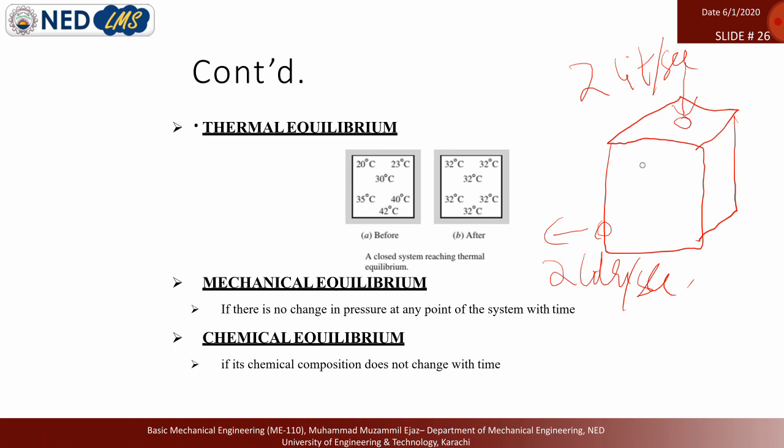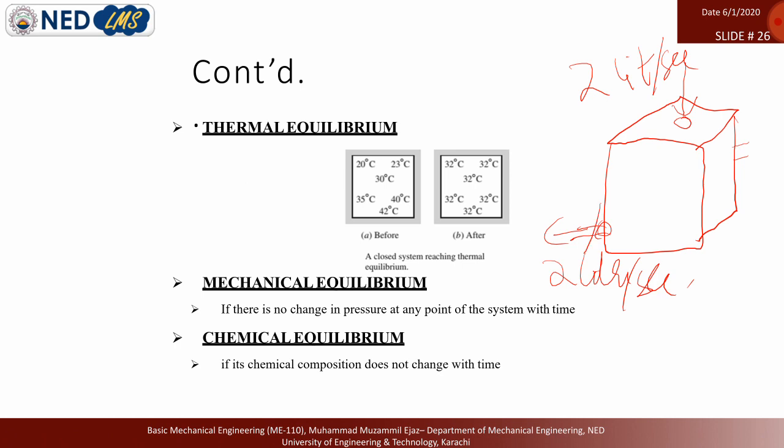The water comes into the cylinder, but the pressure in the vessel will not change with respect to time, because the same water comes in and the same water goes out.